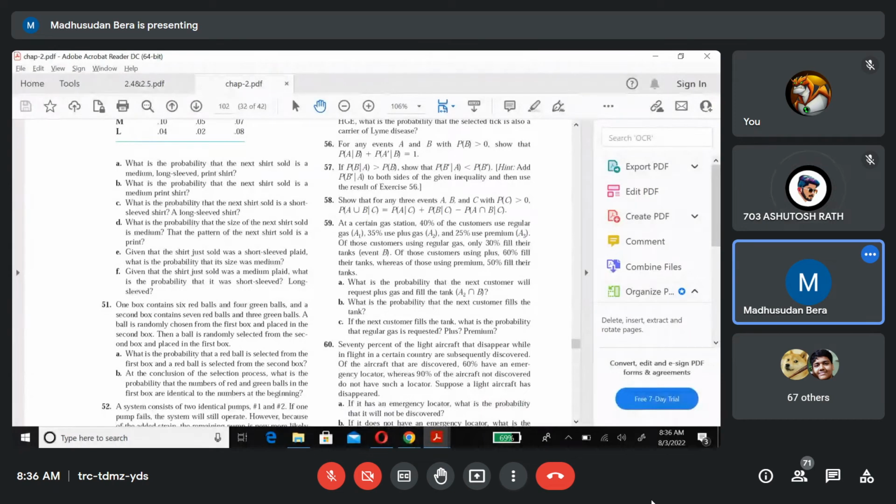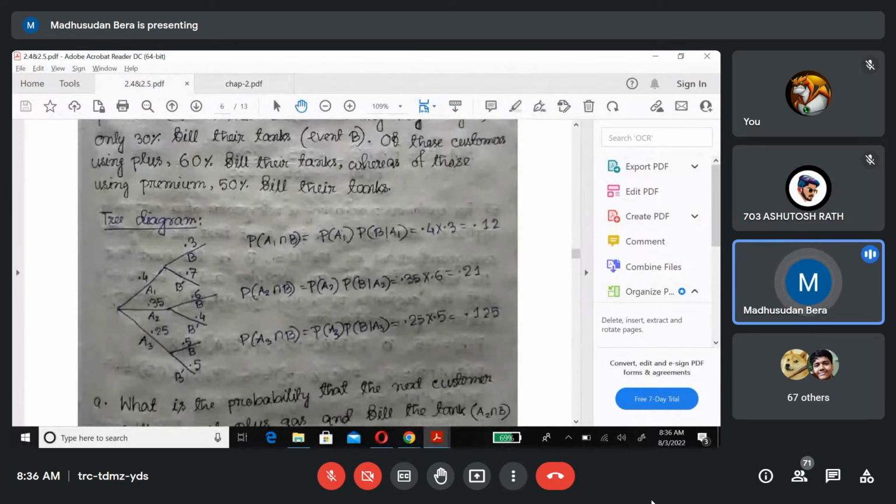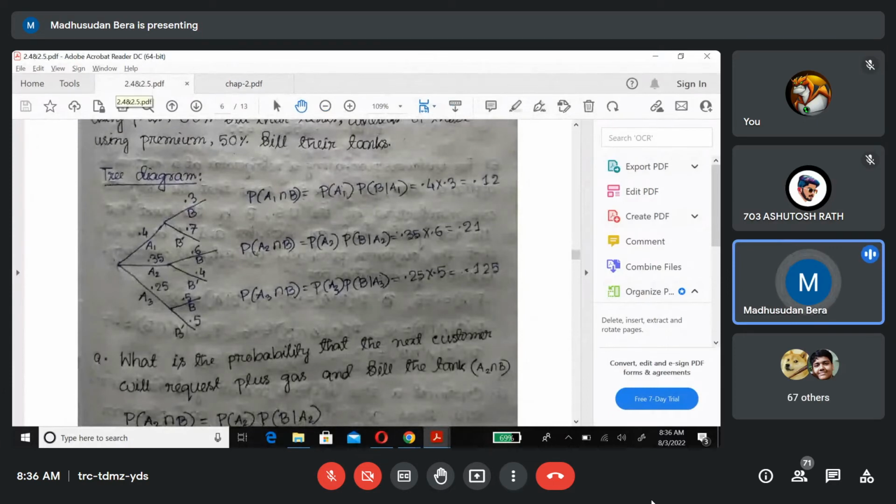Yes, sir. Okay. So here, by using a tree diagram. What is a tree diagram? See, A1, A2, A3, with corresponding probabilities 0.4, 0.35, 0.25 written. Then, using regular gas, either fills the tank B or not.